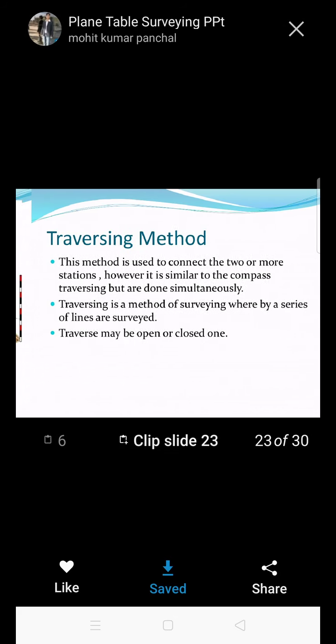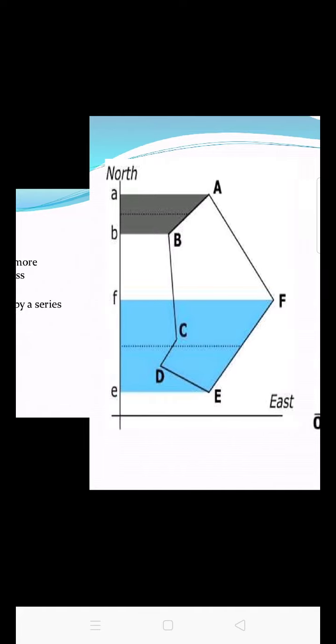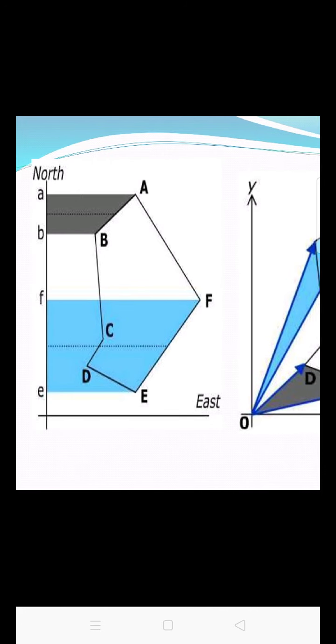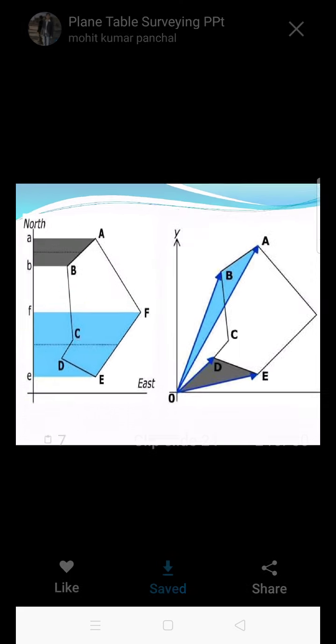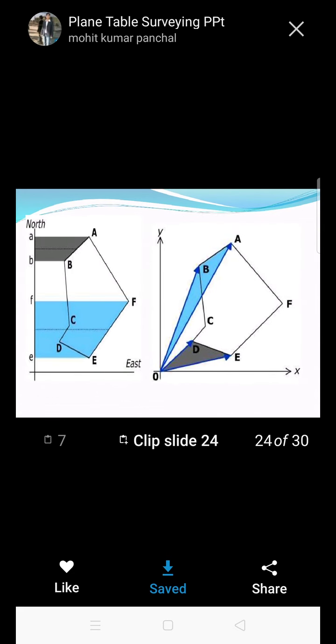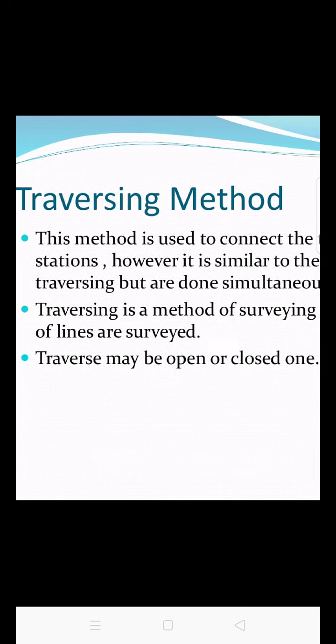Now the third method is the traversing method, the compass traverse survey, which we have carried out in the previous semester. Same way, you have to run the traverse along the building. It may be a polygon or hexagon according to the requirement of the site.